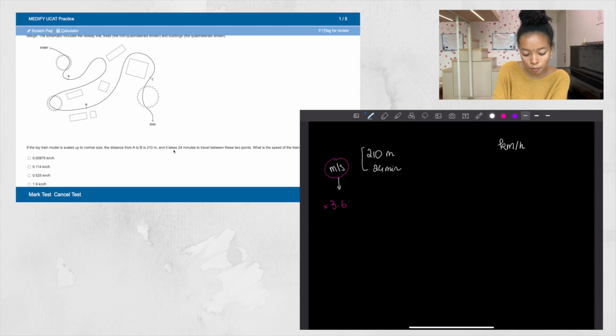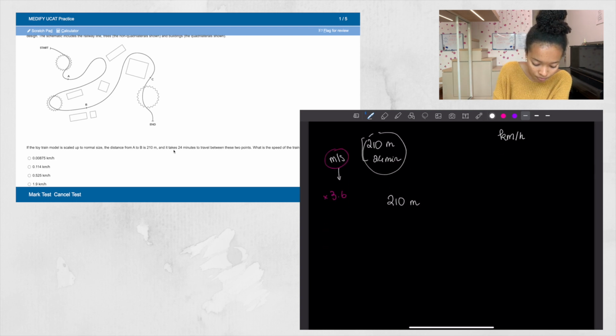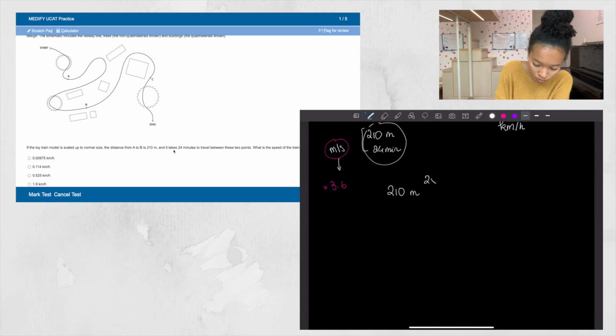First, let's figure out the speed with the information that we have here. So we have 210 meters, and then we have 24 minutes. To figure out 24 minutes in seconds, we would do 24 times 60, which gives us 1,440 seconds.